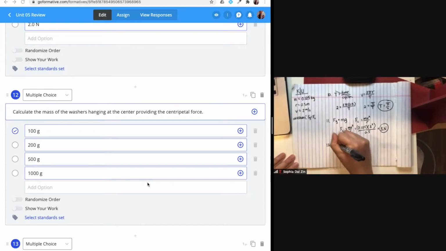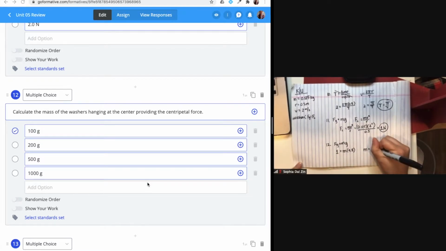So if I take Fg equals mg with a weight of 1 Newton and a gravitational field of 9.8 meters per second squared, this is a mass of about 1/10, because I'm doing 1 divided by approximately 10. It is 1/10 of a kilogram, or 100 grams.